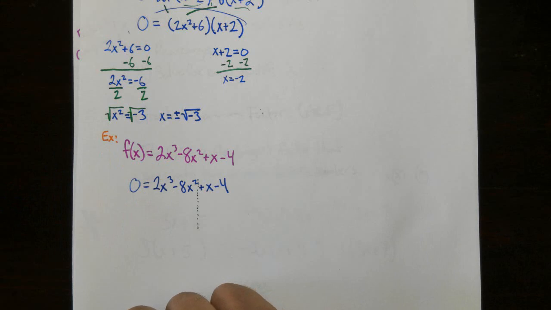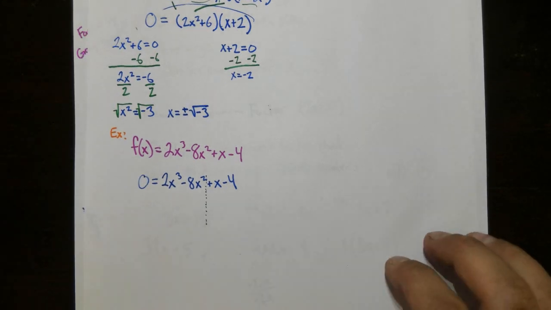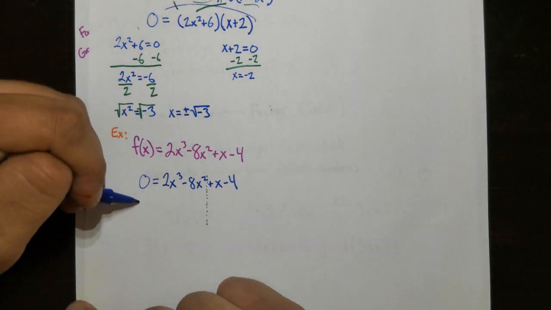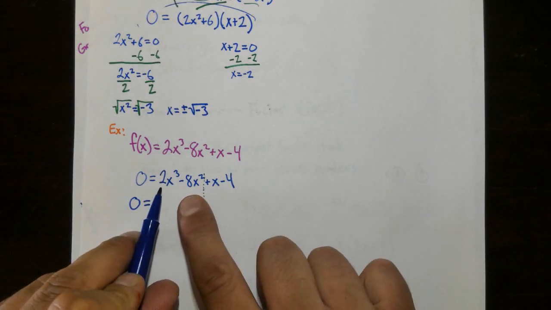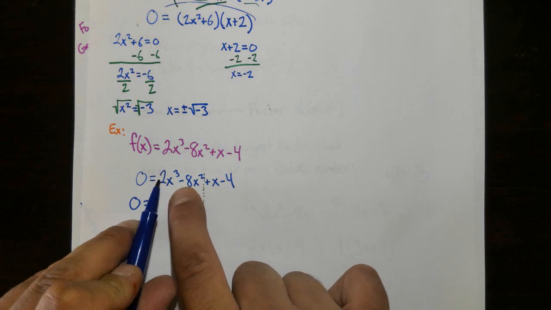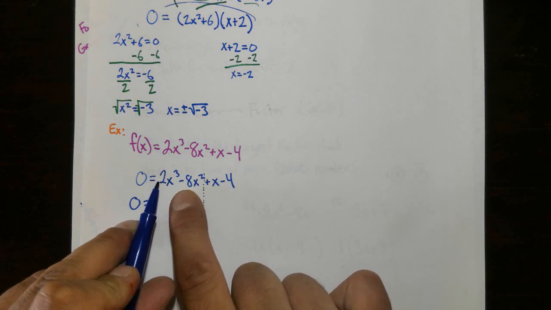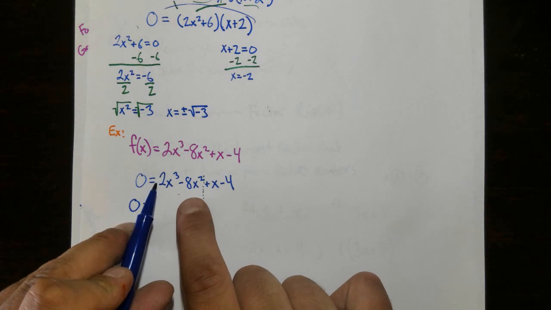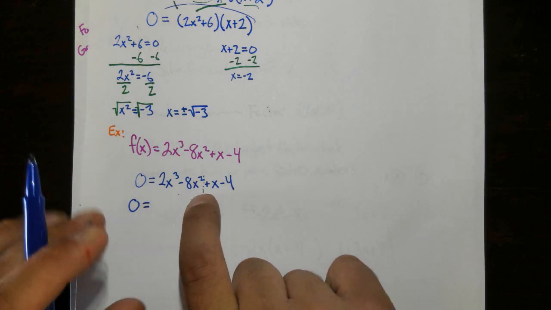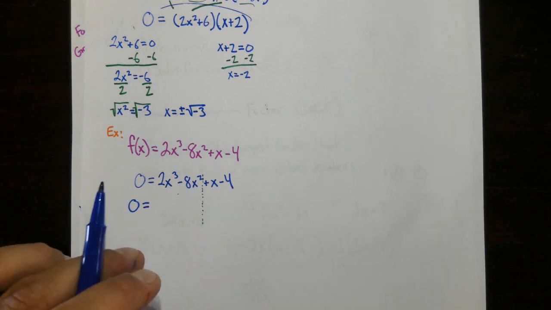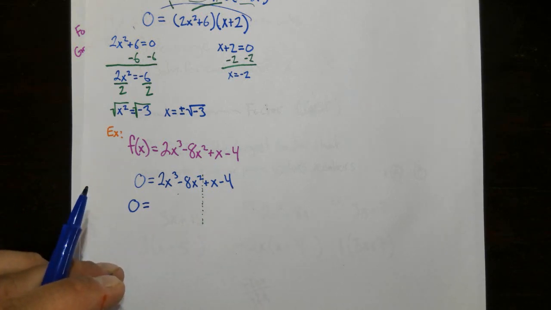So I like to do my little dotted line there. And let's see here. We have 0 equals the greatest common factor here. Well, notice that this has a negative, but this doesn't. We don't need to pull out a negative because they don't have that in common. So we'll just leave it like this for now. Okay. If we come up with problems later, we can pull out a negative.